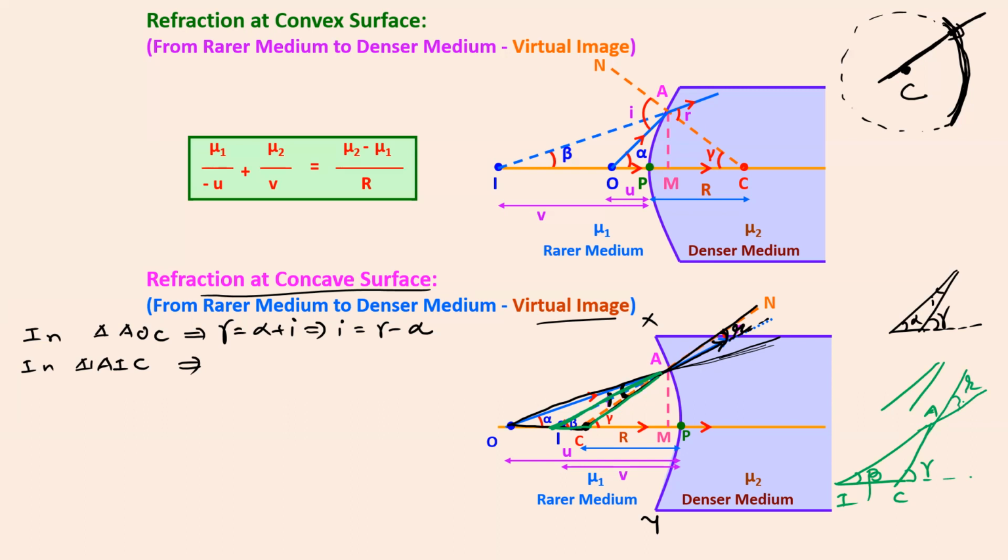It is R, because here we got I, so we need R. So gamma is equal to beta plus R, and R is equal to gamma minus beta. That is how we got alpha, I and R.